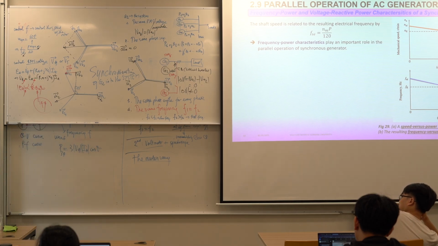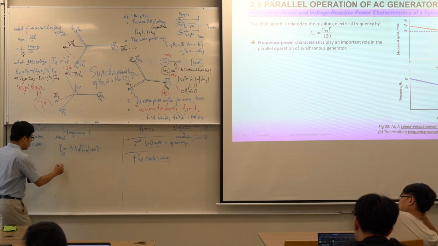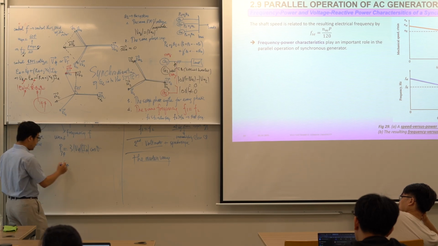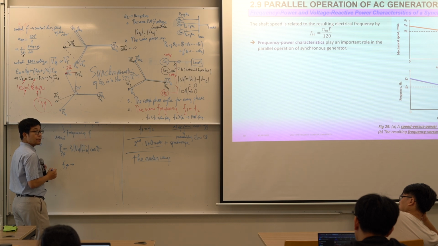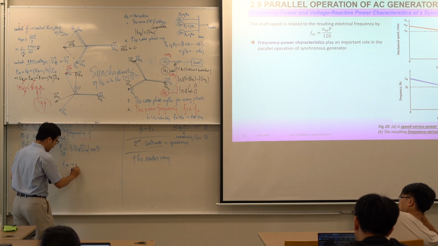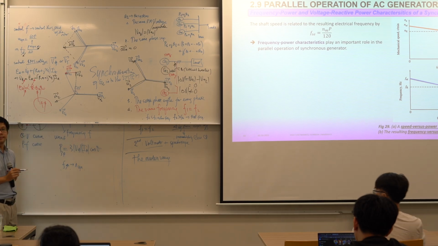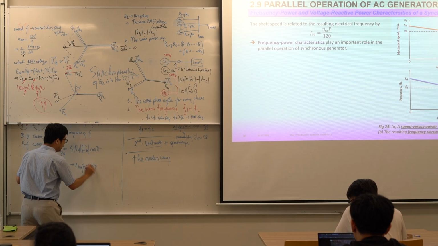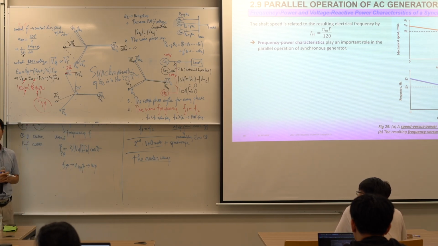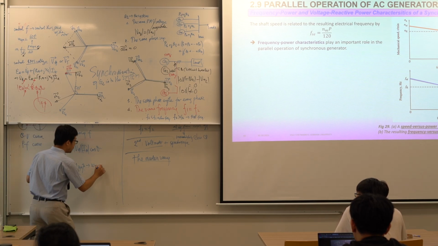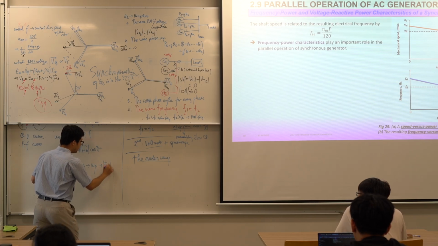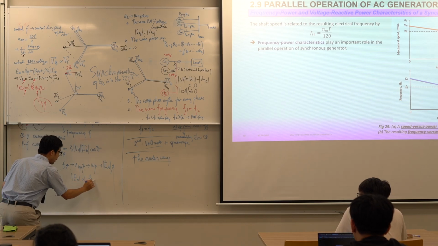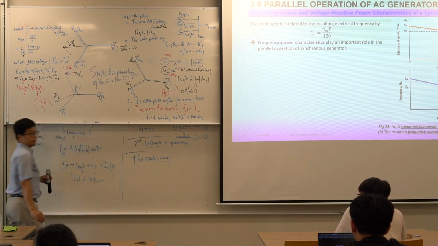So when we increase F, that means we increase n sync, that means we increase omega. We increase omega, that means we increase EA, because EA is proportional to K phi M omega.